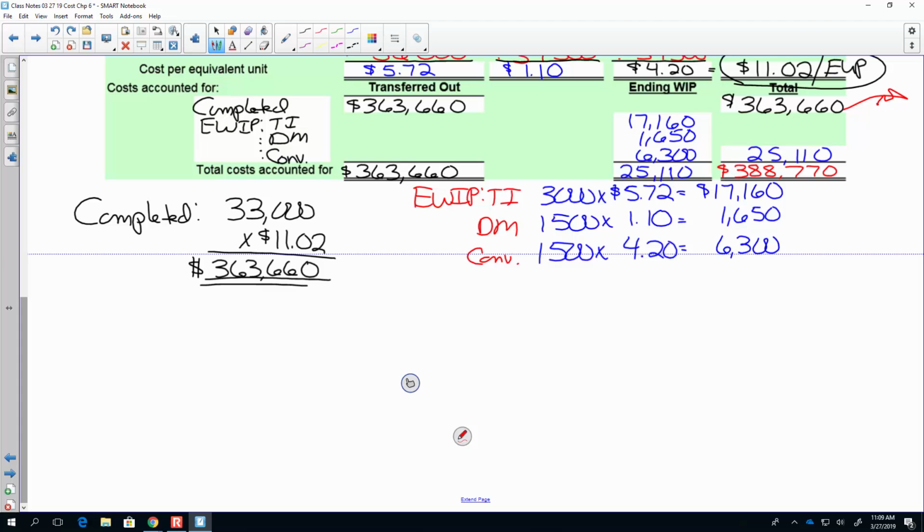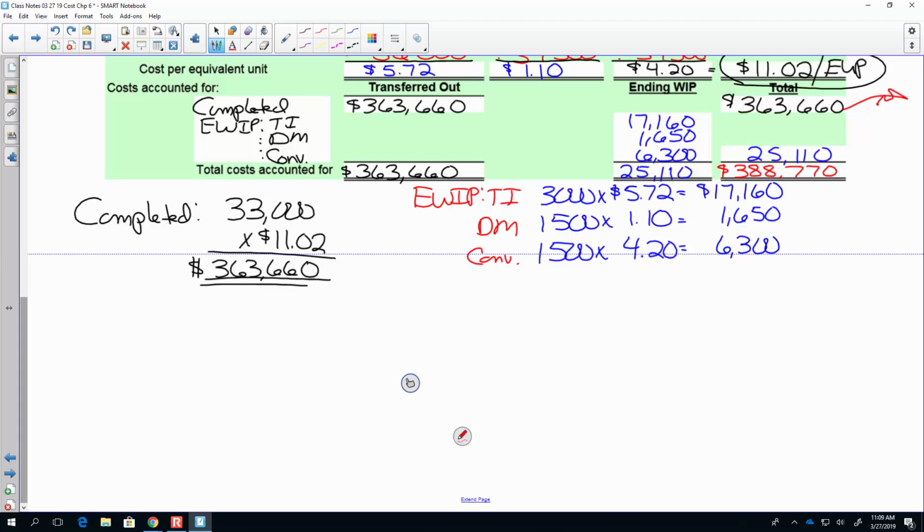So am I debiting or crediting finished goods? Debiting, why? This is inventory. Inventory is an asset, I'm going to debit, and it makes it go up, right? What am I going to credit then for this amount? WIP Department B, whatever the second department is. Very good, excellent. Those are the journal entries you need to know.